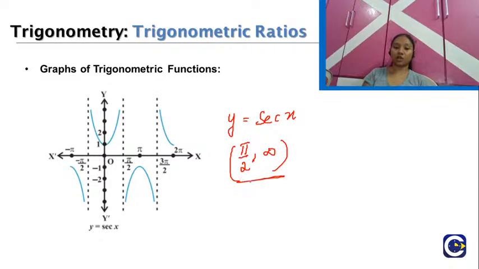So here is one of the points which we have to locate, which is in terms of infinity. So that's why for pi by 2 you could see the plot here, it is going like this. But our secant 0 will be 1, so that's why we are having one more point here, that is 0 comma 1. So our plot will be something like this.